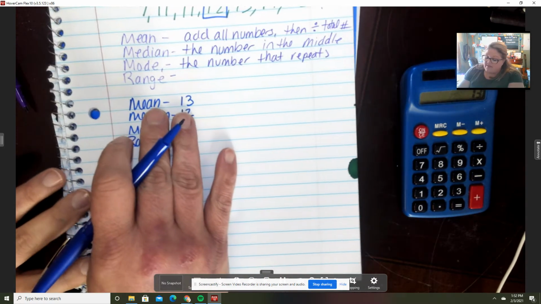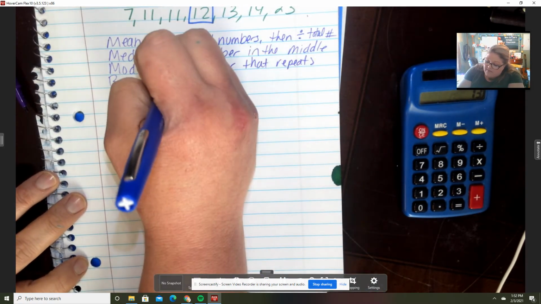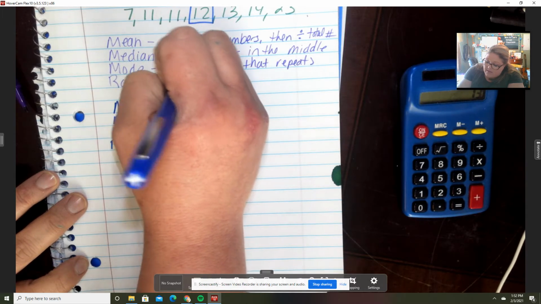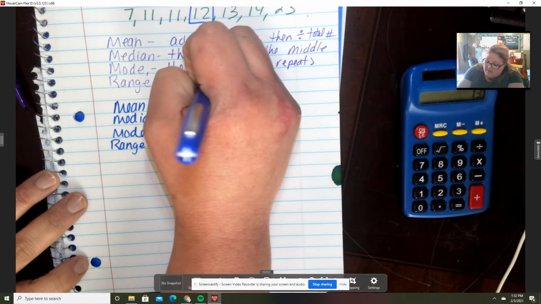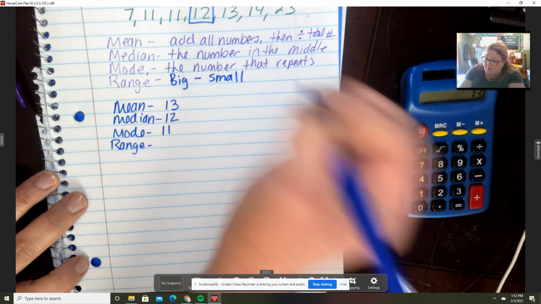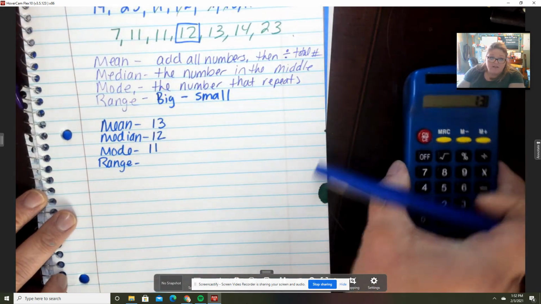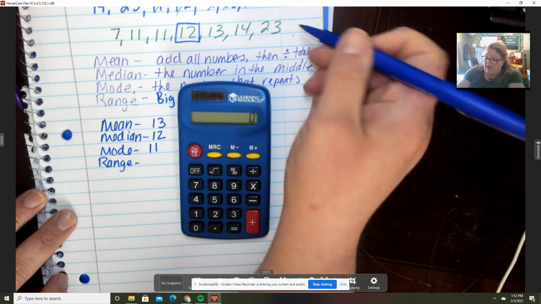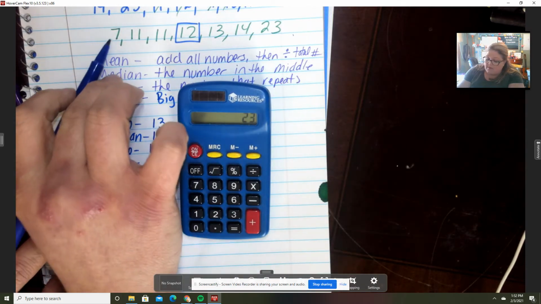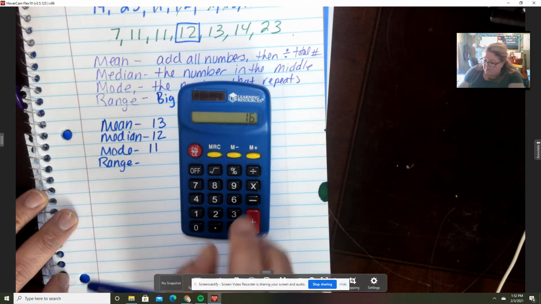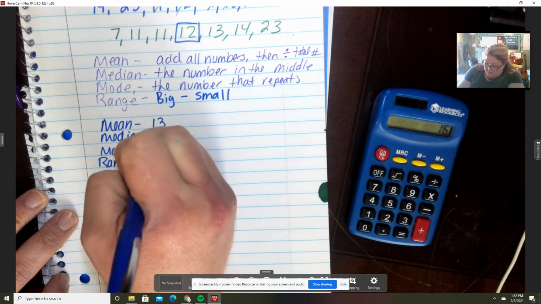Okay. All right. And then talking about range is the big minus small. So you're going to take your biggest number and subtract the smallest from it. So I have 23 here, and I'm going to subtract 7 from it. And that gets me 16.